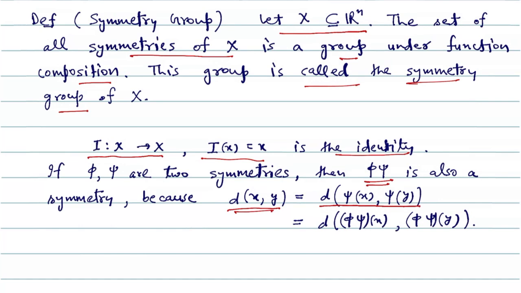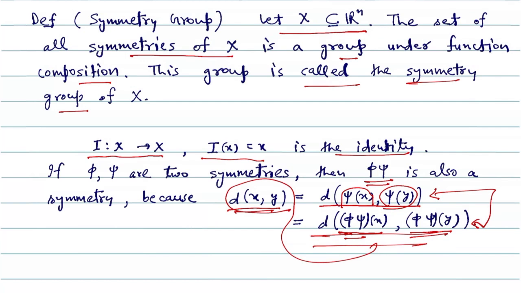Now again psi x and psi y are two points of X, and because phi is a symmetry, if we apply phi on these two points psi x and psi y, we get the points phi psi of x and phi psi of y. So because phi is a symmetry, these two distances are also the same. So ultimately this distance is the same as the distance between x and y. So phi psi is again a symmetry on X.